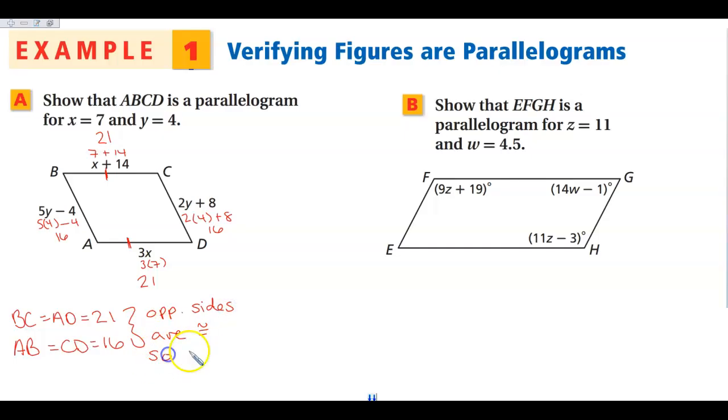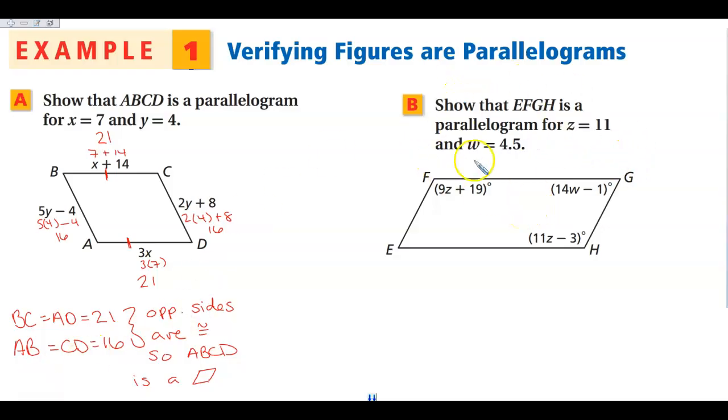So I know that ABCD is a parallelogram. All right. So again, with this one, we're just plugging things in and showing that they are indeed a parallelogram.